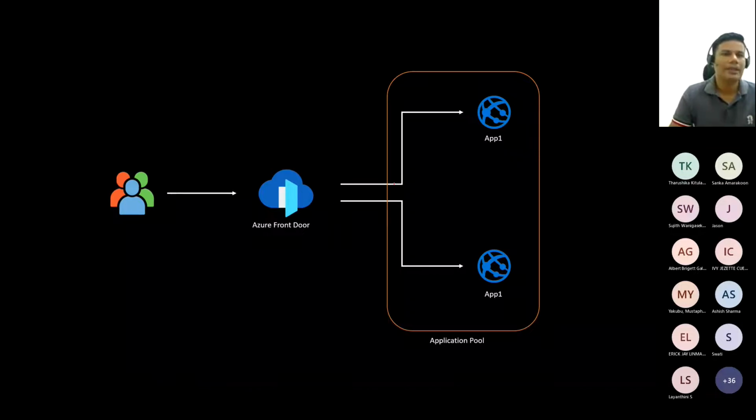I have two instances of app services residing inside the Azure Front Door application pool, and these two instances are connected in Azure Front Door. Let's dive into the demo.